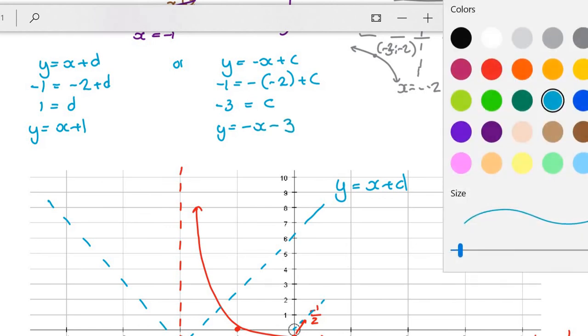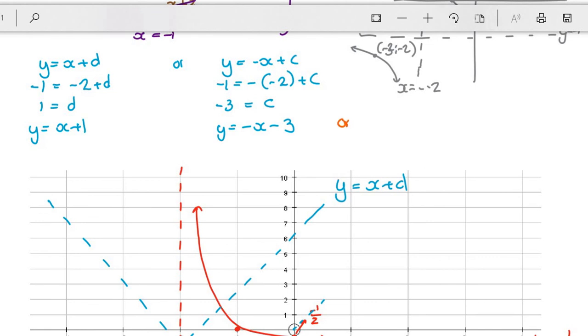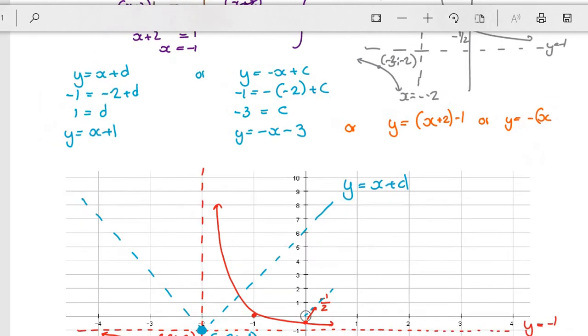Okay, what other way could we have done it? We could have said my one axis of symmetry is y is equal to x, my other axis of symmetry is y is equal to negative x. Now whatever transformation you did, so I went 2 units left, 1 unit down, let me zoom out of it.